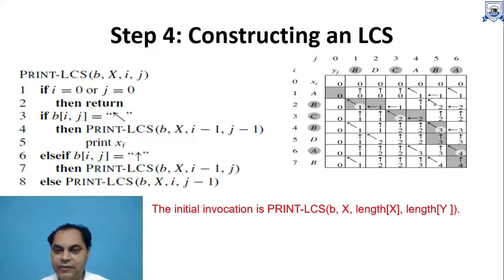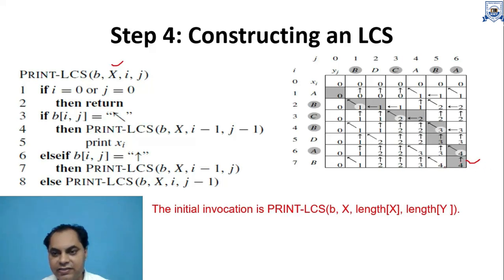Okay, so it starts from this end. It takes the table B and X is the sequence X, and I and J denote the index. This is the length of X and that is the length of Y. The length of X is 7 and the length of Y is 6.